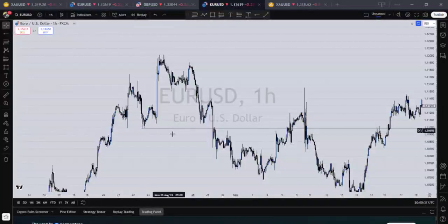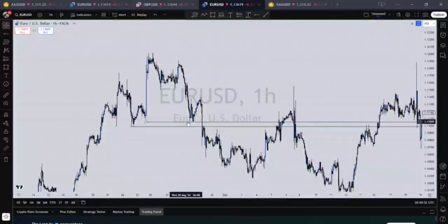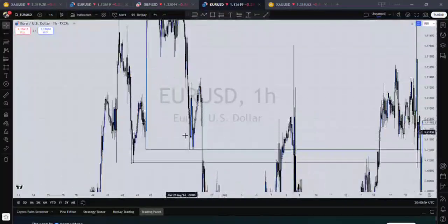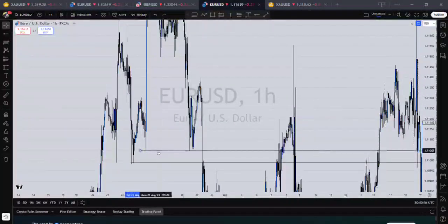Yes, this is where I would have said, okay, wait for price here. This is where price would have protected this low. You can see that the first low that price protected was here.